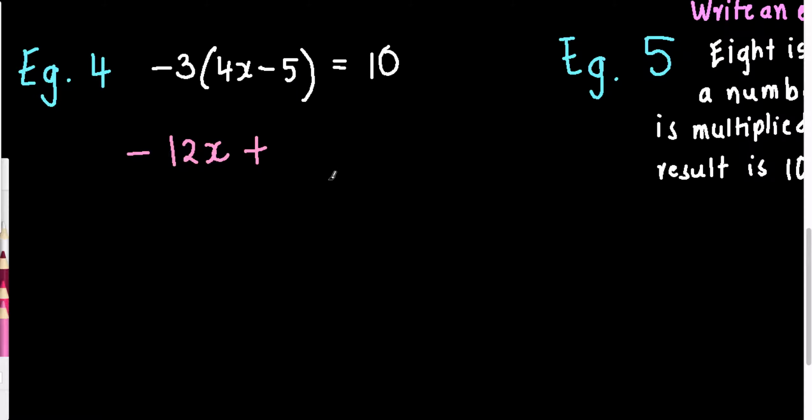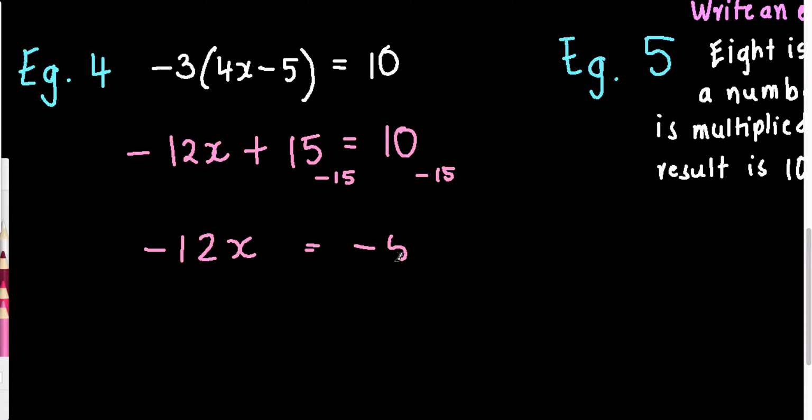That's going to give me a positive, and 3 5s are 15, and that's equal to 10. Now what I'm going to do is take away 15 from both sides, leaving me with negative 12x on the left. It's now gone from here, and 10 minus 15 is negative 5.